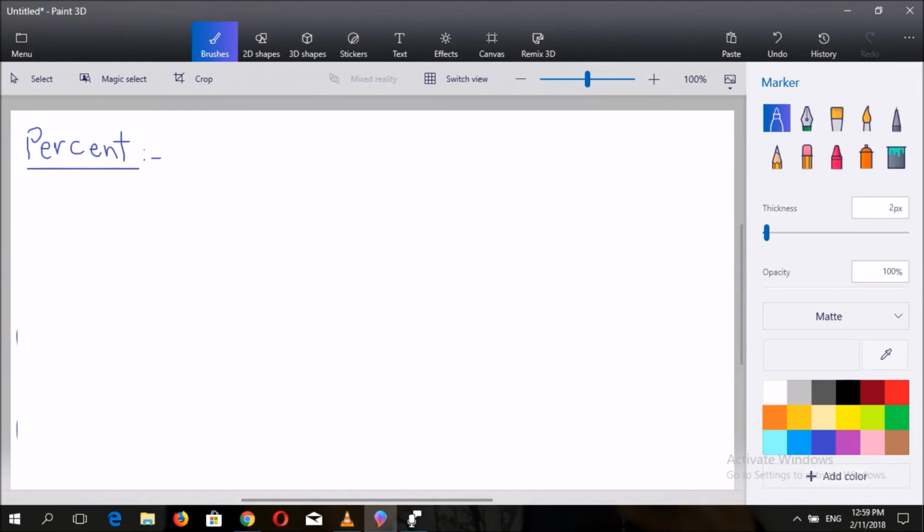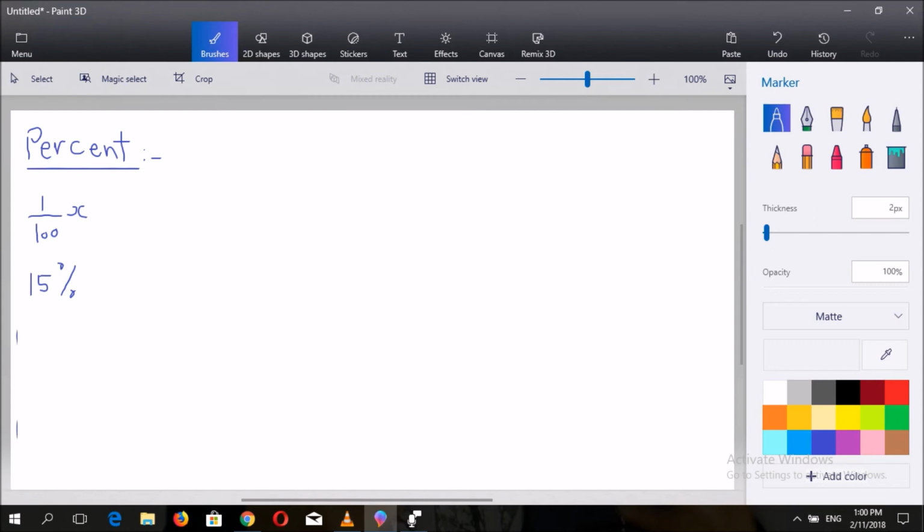Suppose that we have this simple question. Suppose that we have this equation: x divided by 49 is equal to 3 divided by 21.